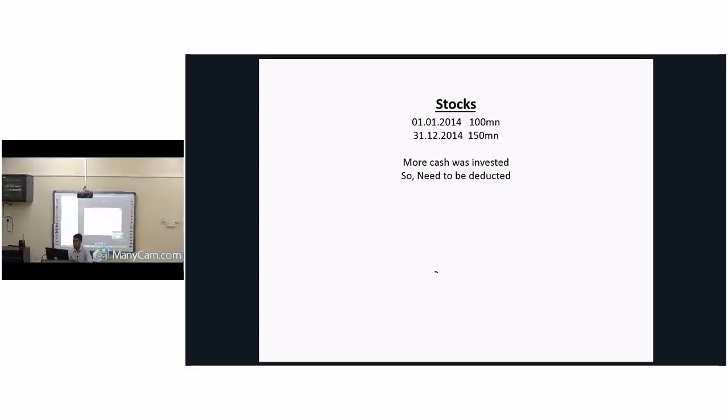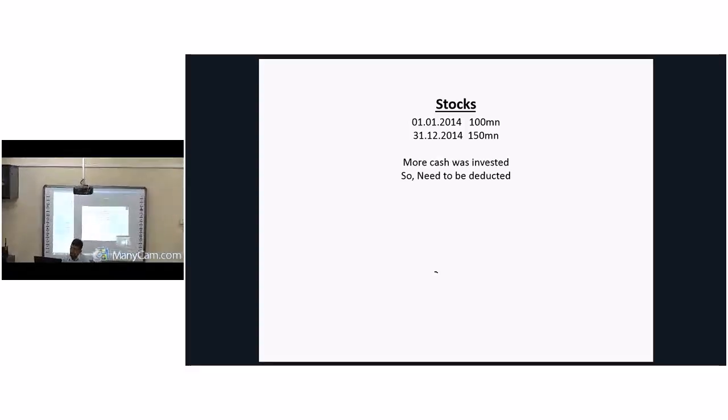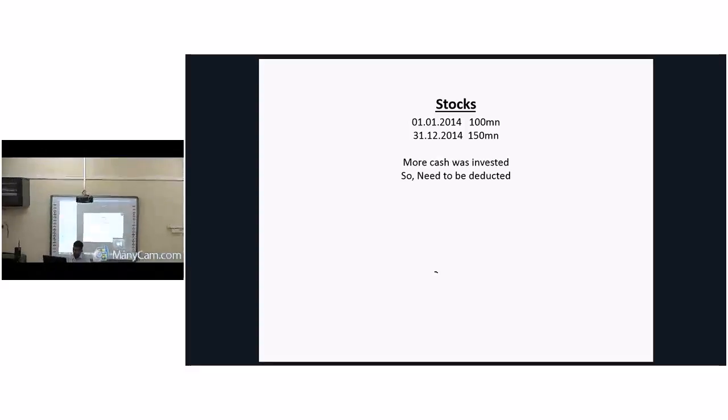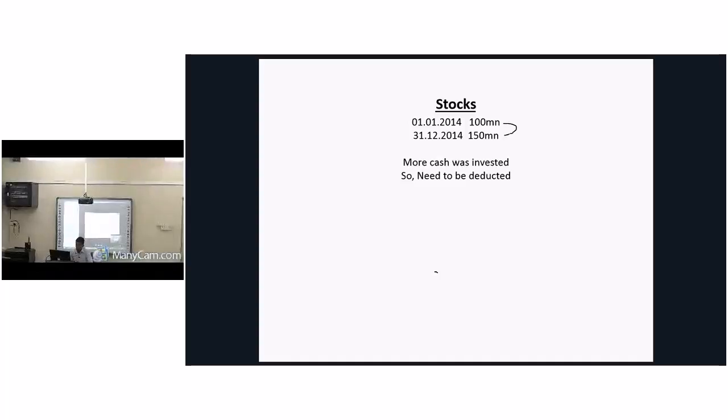That's the assumption. We always look from a cash perspective at what would have happened to this value. Stocks we had 100 million at the beginning, it has become 150 million, which means we would have purchased 50 million. That's where the value has gone up, which means what will be the impact on the cash flows? Cash flows have gone down by 50 million. That's the assumption that we take. So we'll take another example.